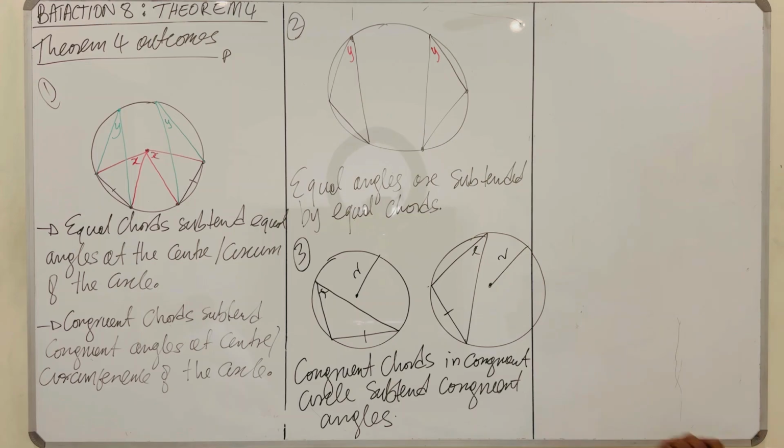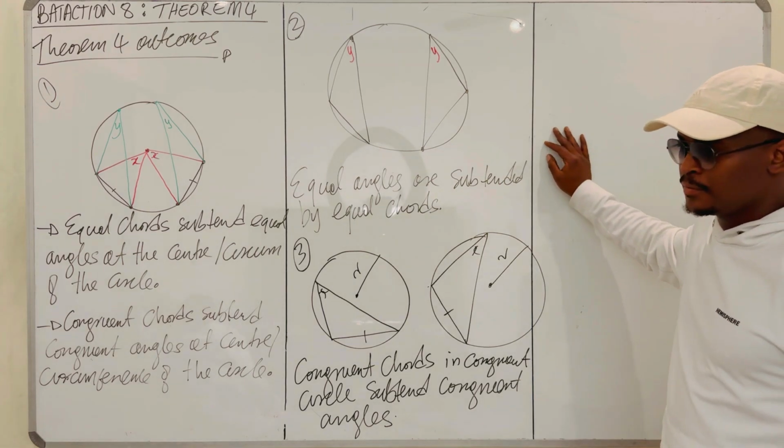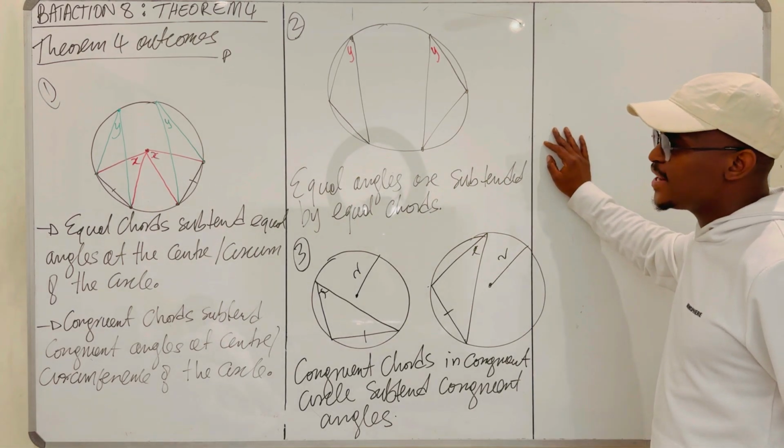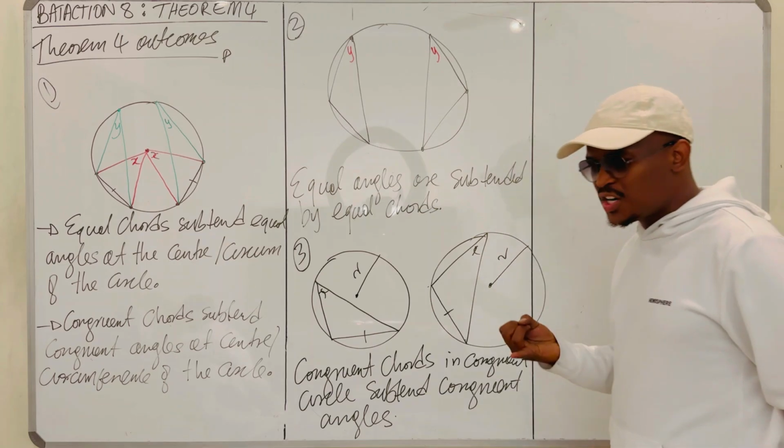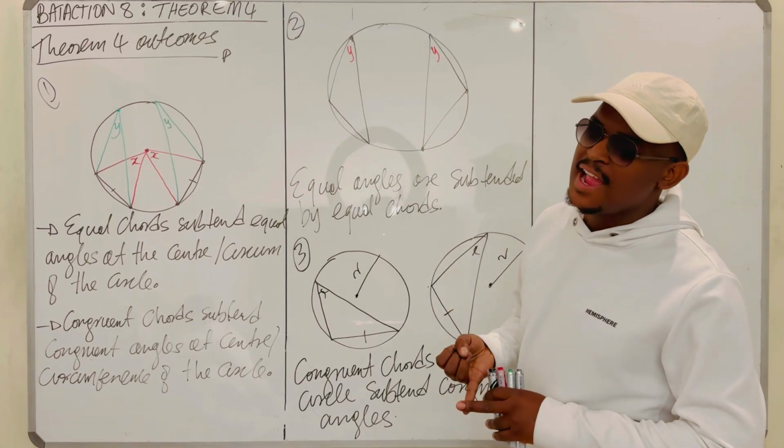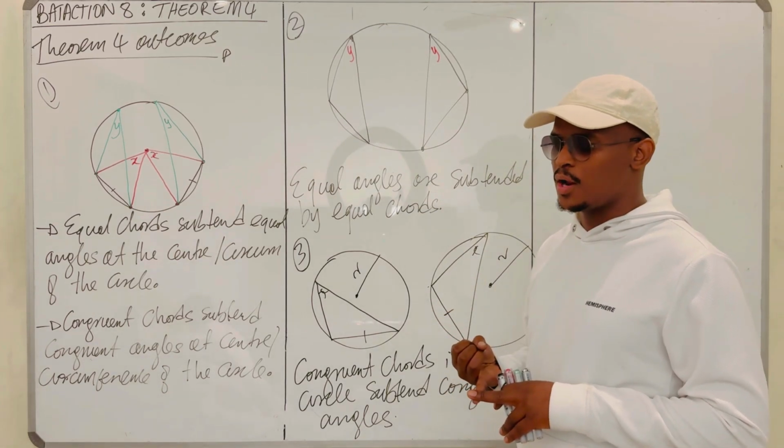So, I expect you to know these outcomes because they might help you. In fact, you might need them. So what I've spoken about first: theorem 4a, angles in the same segment are equal.